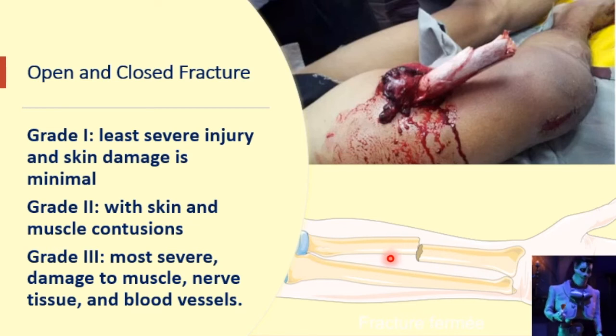So another term again to describe the fracture is non-displaced or stable. For example, class, if this bone is broken but they are still aligned to one another, and not greatly displaced or moved away from the original site, we can say that the bone is non-displaced or stable.